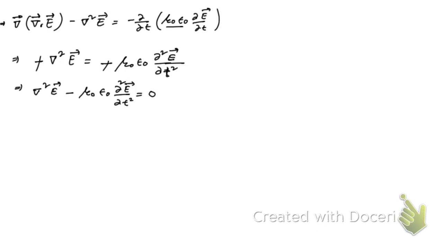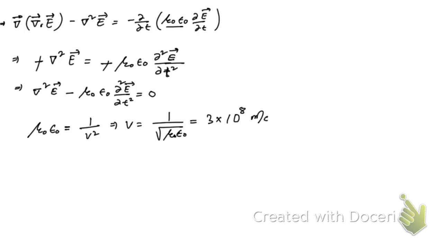So here this mu naught epsilon naught, that is equal to 1 by v square, which implies that v is equal to 1 by root over mu naught epsilon naught. And if you put the value of mu naught epsilon naught, that's approximately equal to 3 into 10 to the power 8 meter per second, that is the speed of light, right?